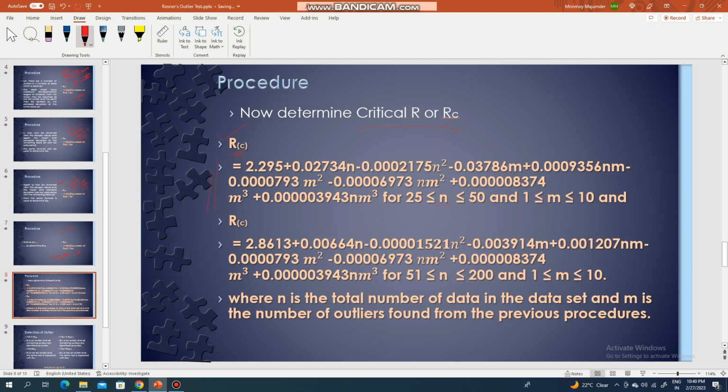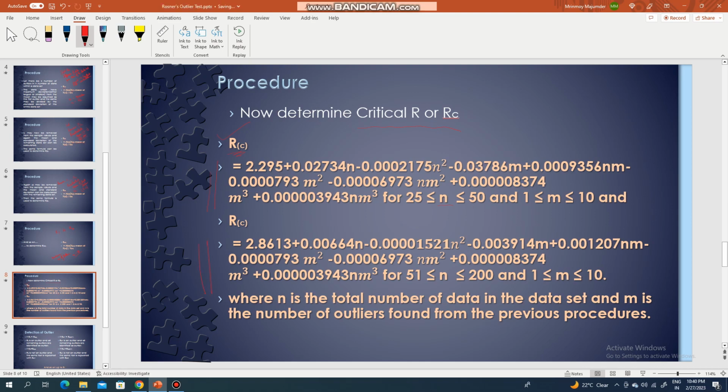But if you have a data set that has more than 50 data points but less than 200, that is 51 to 200, and you have assumed outliers to be within 1 to 10, then you have to use this formula.